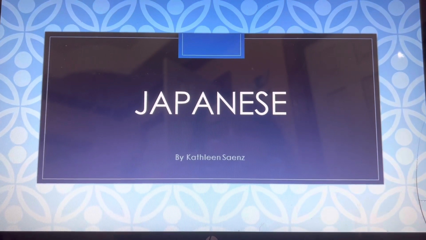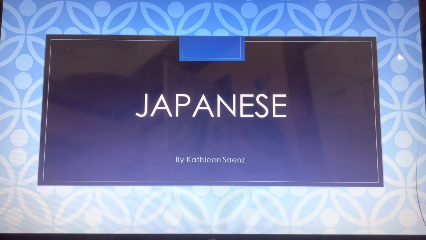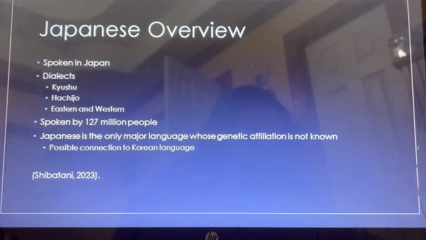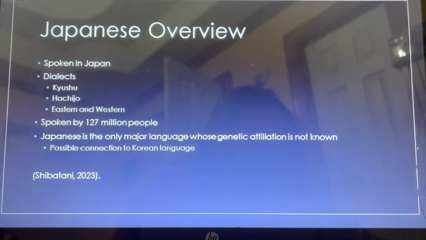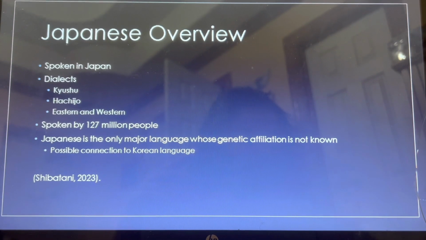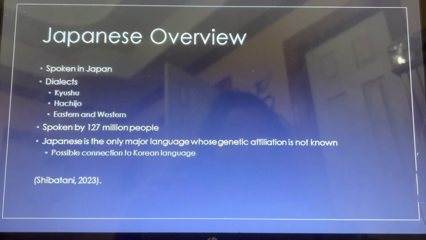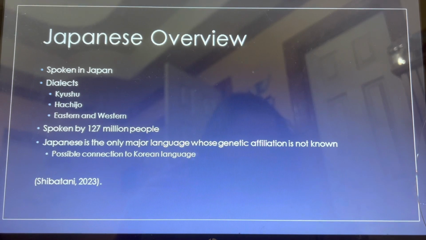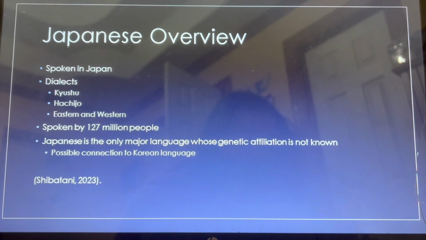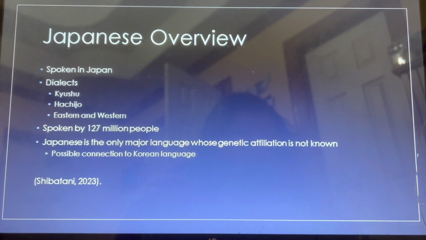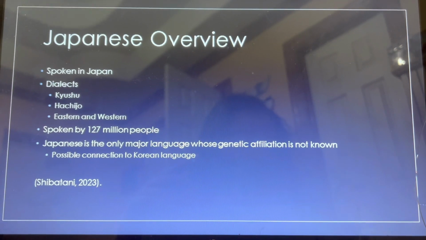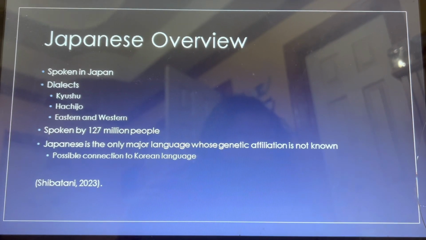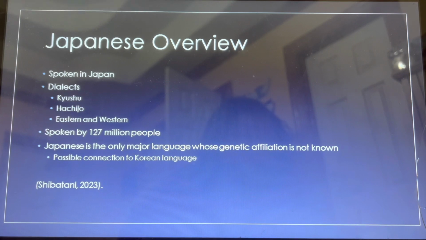So the language that I chose to talk about is the Japanese language. First and foremost, the Japanese language is spoken by 127 million people all across the islands of Japan. Along with that, there are at least 1.5 million Japanese immigrants that have mainly migrated to North and South America.